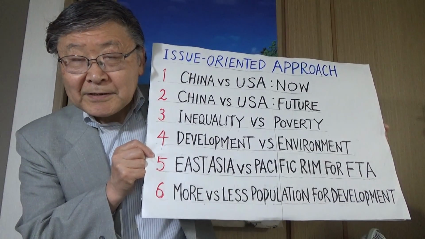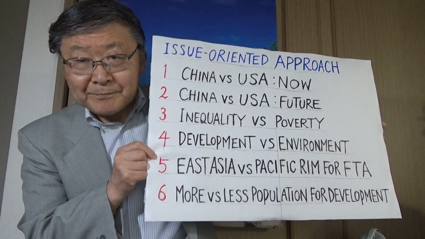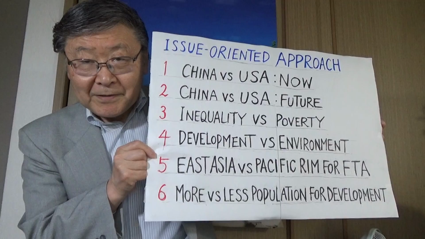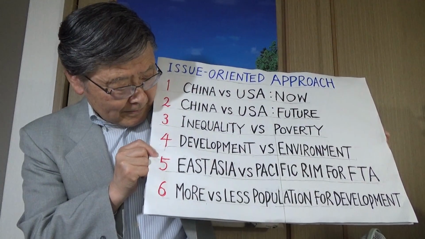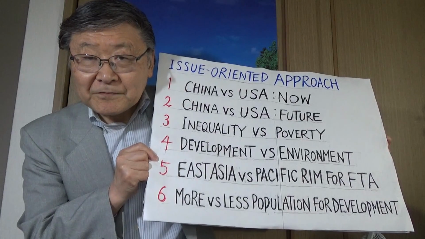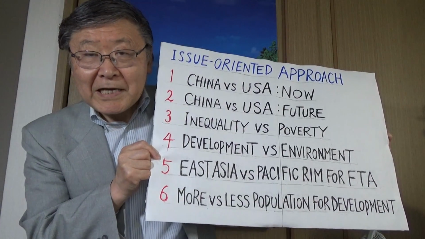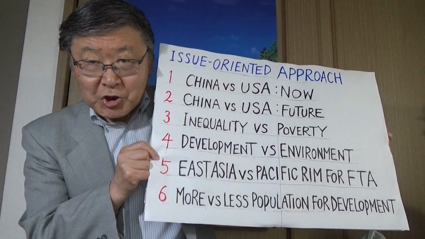East Asian Free Trade Agreement or Pacific Rim Free Trade Agreement. East Asian Free Trade Agreement is often called the RCEP, Regional Comprehensive Economic Partnership.